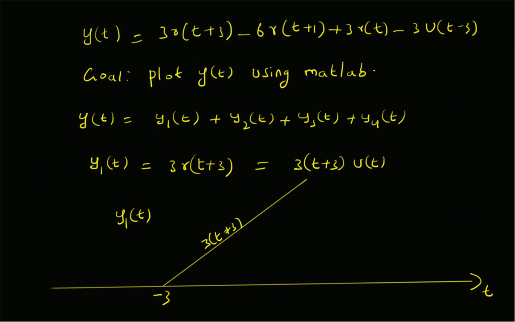To summarize, in this video we have looked at how to plot the signal y of t, which is a linear combination of 3 different transformations of the ramp signal and a unit step signal.